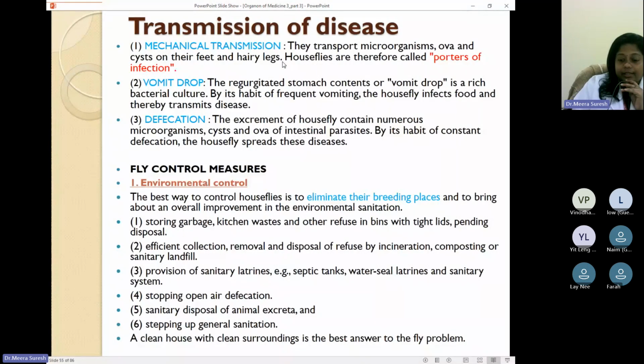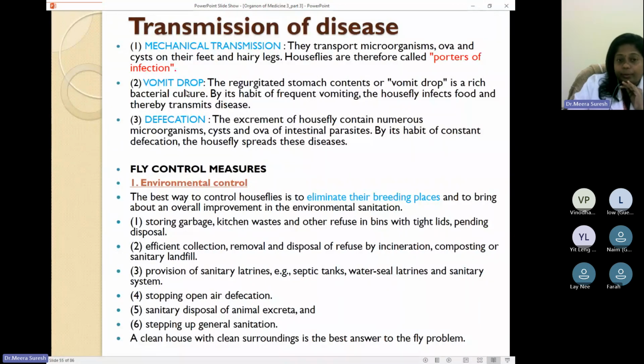You might remember that the parasites will be excreted out via the stool, in the form of a cyst or the ova. So when these houseflies go and sit in the feces, it is the ova and the cyst that get collected on their feet and hairy legs, and then they act as porters of infection.